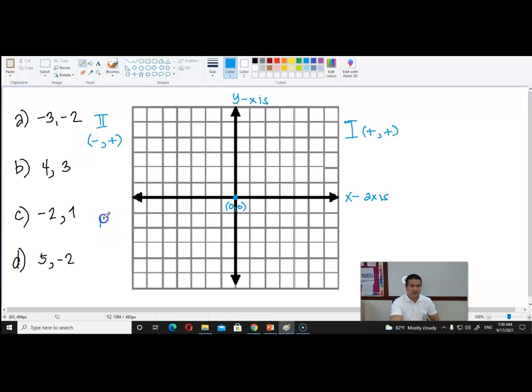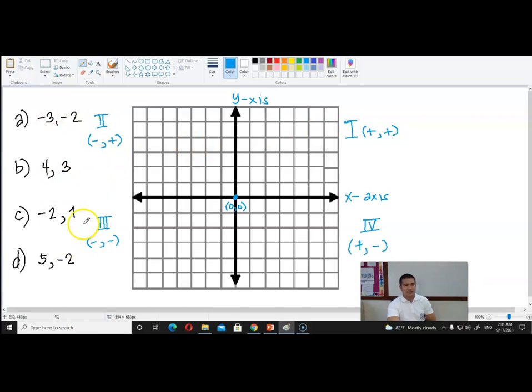And in quadrant number 3, the value of x is negative and the value of y is negative. And in quadrant number 4, the value of x is positive and the value of y is negative.